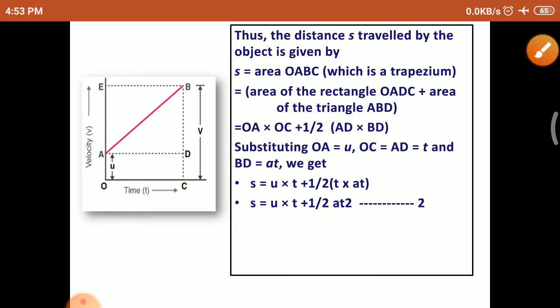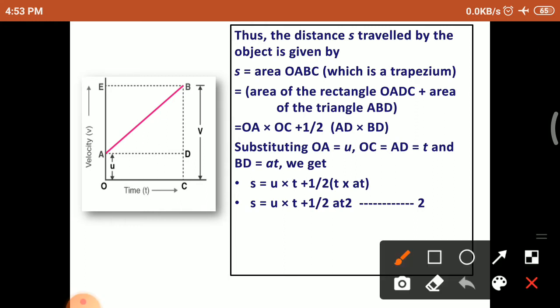And what is the formula for the area of a triangle? Half into B into H. If you take the triangle, how to find the area of the triangle?